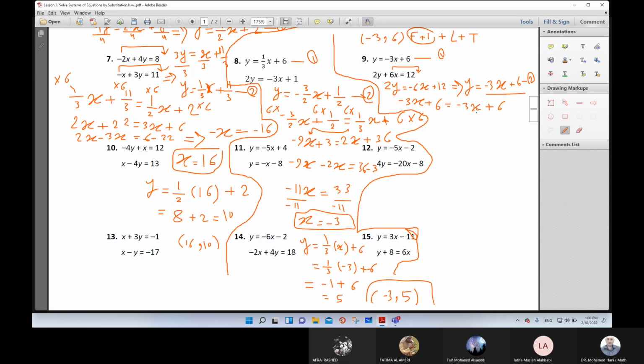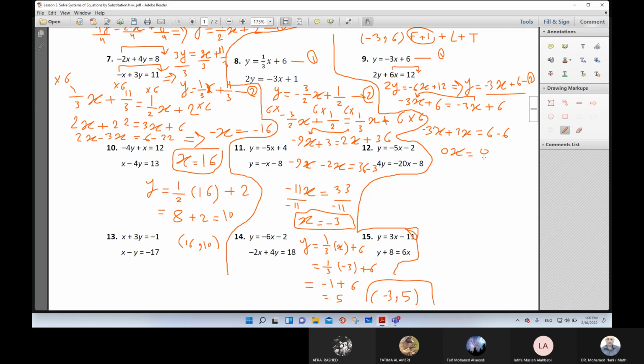Then you can transfer negative 3x from the second side to the first side here. So here we have negative 3x plus 3x equal, here we have 6, and take 6 to the second side where we have negative 6. So negative 3 plus 3 will be 0x equal 6 minus 6 will be 0.